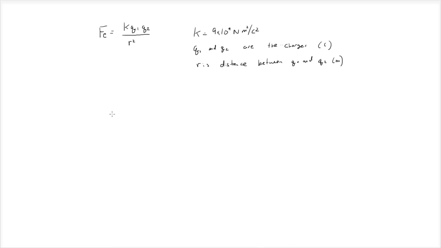So for instance, if I have two charges, and the cool thing is that it doesn't really matter which one's Q1 and Q2. So you can label them however you please.